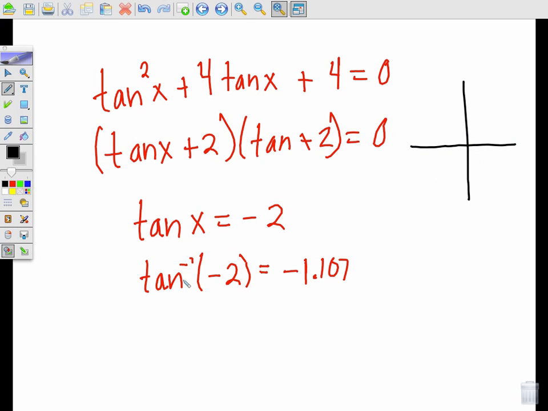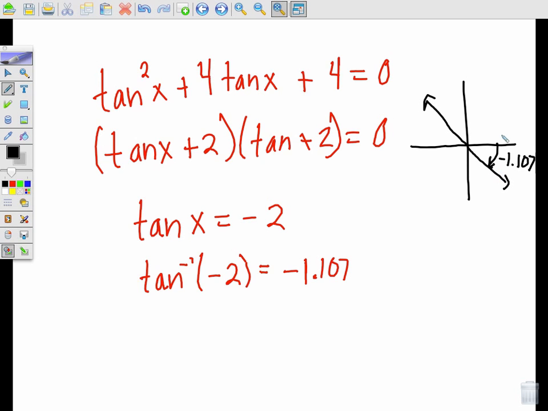I'm going to go ahead and give you a sketch and show you where that would be located. Tangent is negative in quadrant 4, so we've got somewhere in quadrant 4 negative 1.107. I don't really care about where exactly, I'm just labeling it. That means we would also have one in this second quadrant.